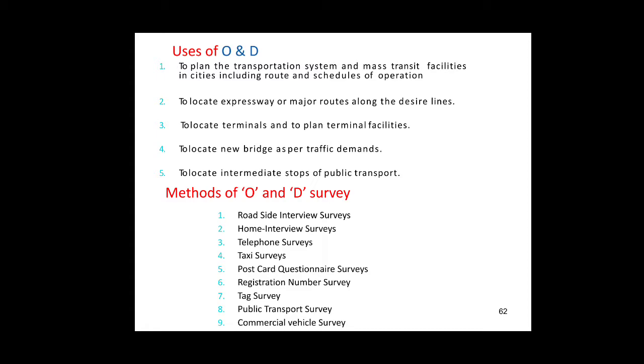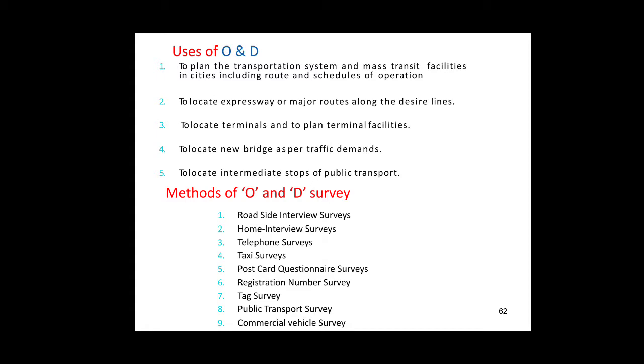Third, to locate the terminals and to plan the terminal facilities. Depending upon the origin and destination study, the location of the terminals and the planned terminal facilities can be made possible, as we know exactly the location of the starting of the vehicle and its destination.